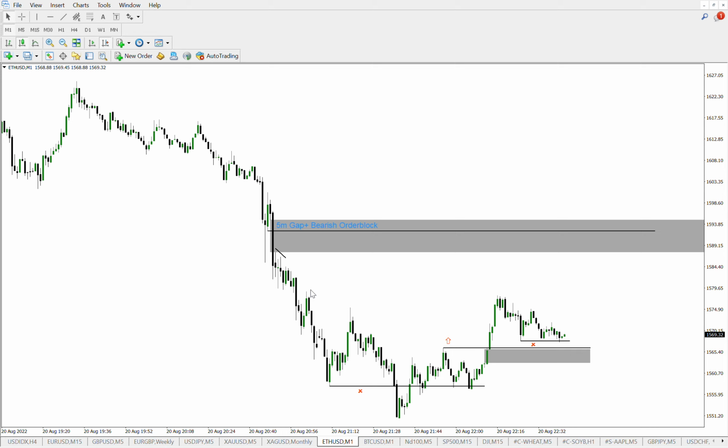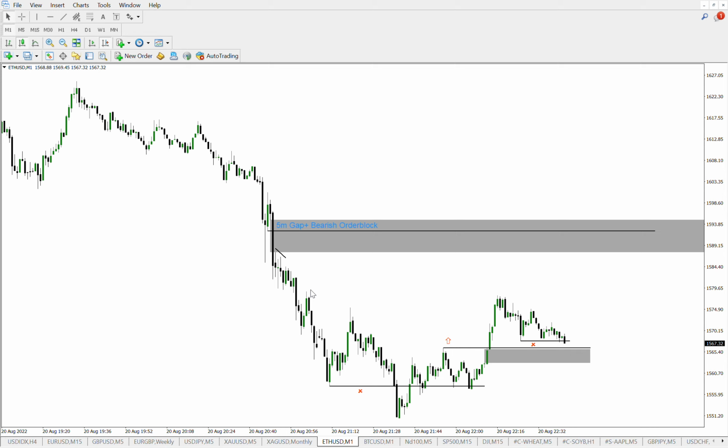The framework that you see here, the liquidity run, market structure shift, and then the fair value gap, the ICT 2022 model, is there. But the reasoning behind why I sat down at the charts to watch price unfold was because if you look at the hourly time frame between Bitcoin and Ethereum, we have SMT on the lows.